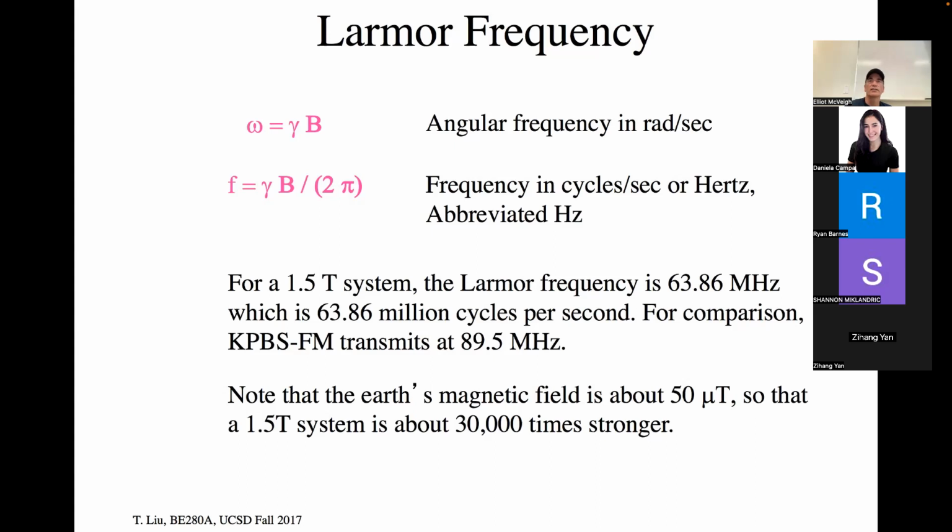What turns out is that the magnetic field, if you let the sample come to equilibrium, it'll take about a couple of seconds when you put it in, and now it sits at equilibrium. There is a slightly higher number of protons that are in the lower energy configuration, which means the spins are aligned with the magnetic field, than in the higher energy configuration, which means the spins are opposed to the magnetic field.